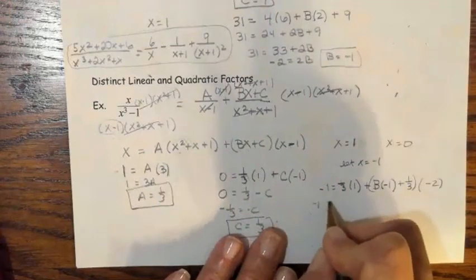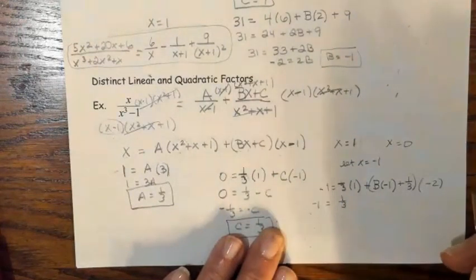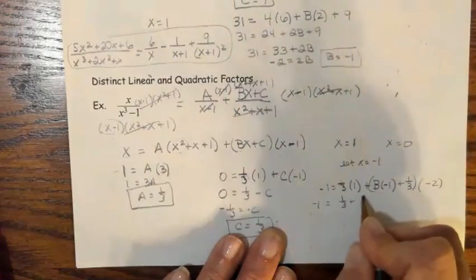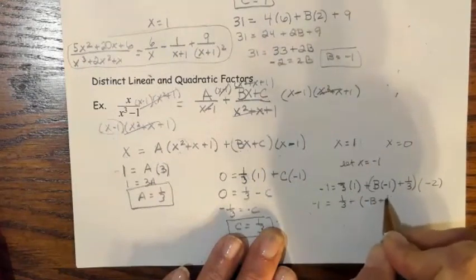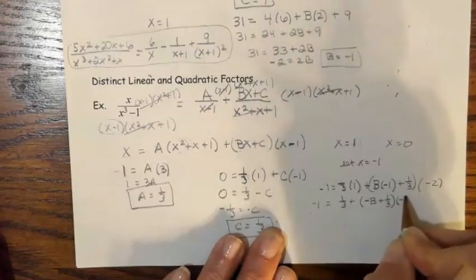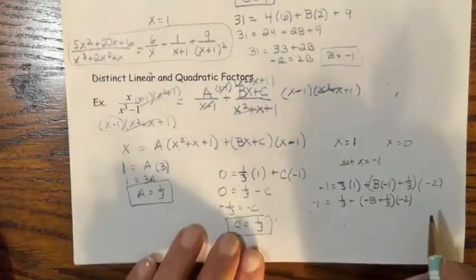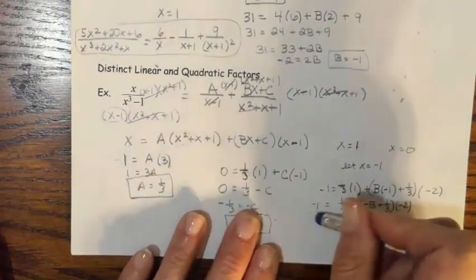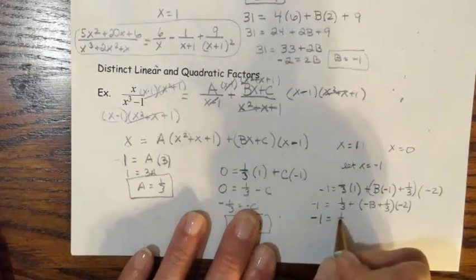So we get -1 equals 1/3. So I've got -2 times a negative. So this is really -b plus 1/3 times -2. Maybe we'll just combine like terms in a minute. -1 equals 1/3.